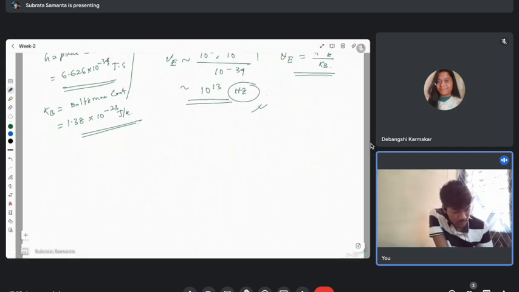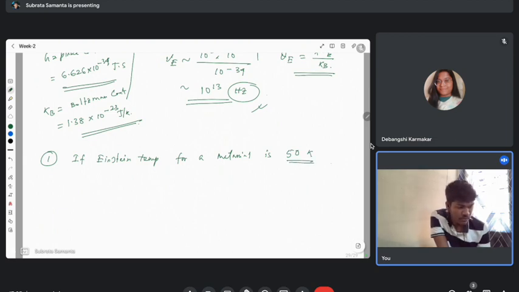Okay, so next, suppose the Einstein temperature for a material is, let's say, 50 Kelvin, and compute the value of Cv at temperature, let's say, 25 Kelvin.